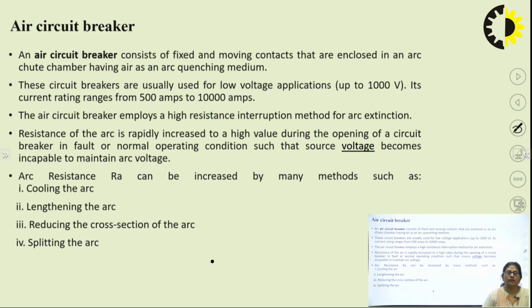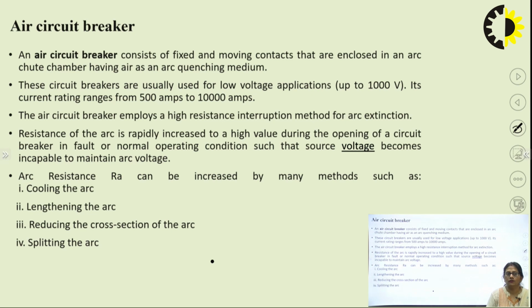So, the resistance of the arc is rapidly increased to a high value during the opening of the circuit breaker, in the fault or in the normal operating condition, such that the source voltage becomes incapable of maintaining the arc voltage, right. How to increase that? So, the arc resistance, if I say RA is the arc resistance, can be increased by many methods, right.